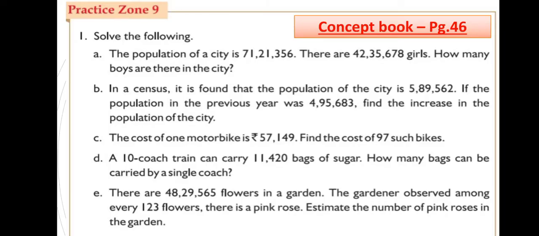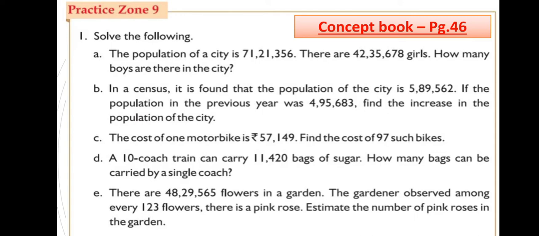Okay, so now take your concept book, page number 46, practice zone 9. There are 5 questions, and the first question is, the population of a city is 71,21,356.